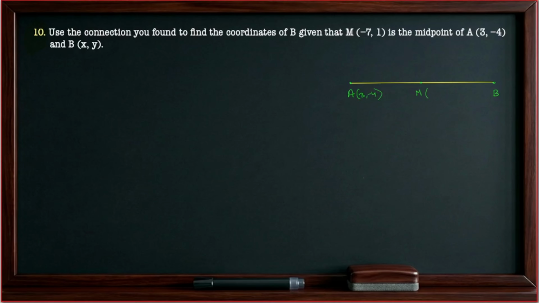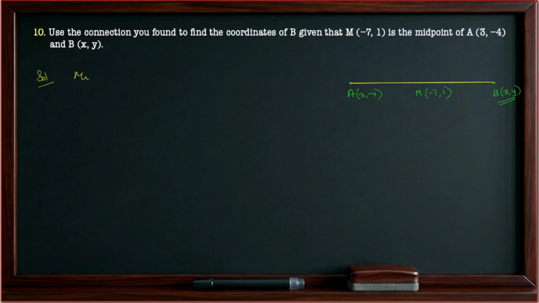The coordinates of M is minus 7, comma 1, and for B it is given as x and y. So we have to find x and y, right? And here the connection is the midpoint formula. So using the midpoint formula, we can find the coordinates of B.